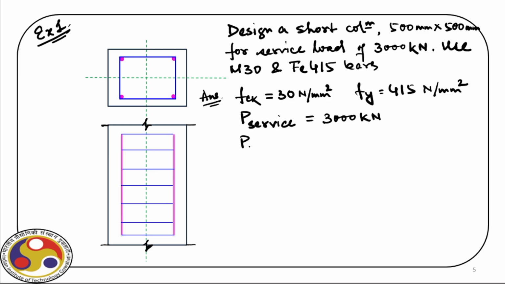So for P ultimate, we have to apply a load factor, which is 1.5 times 3000, so it is 4500 kilonewton.